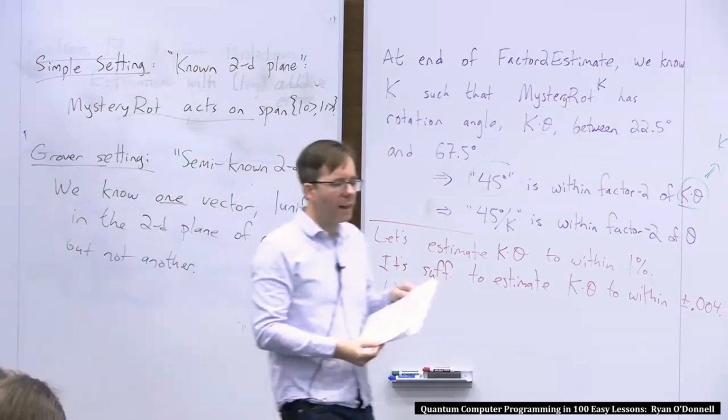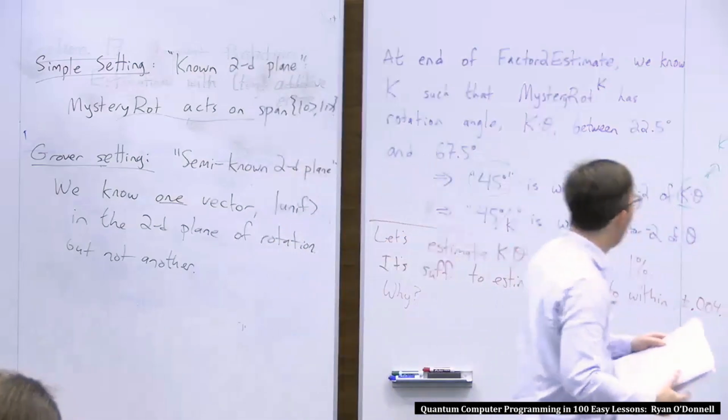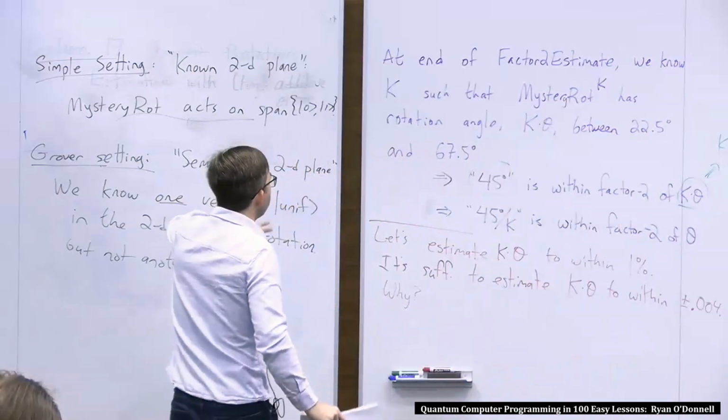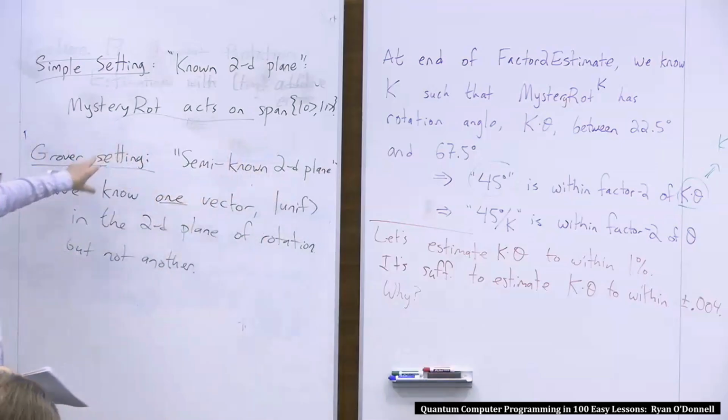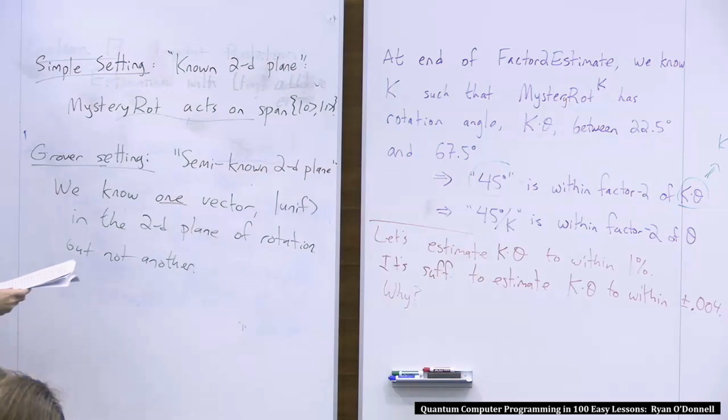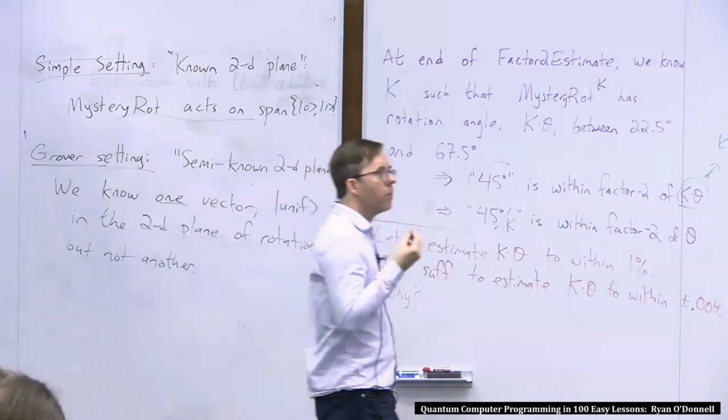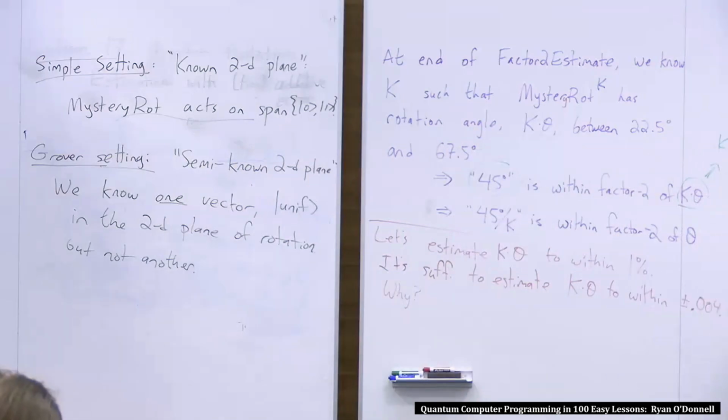And so you kind of have to think back a little bit to how our mystery rotation estimation algorithm worked. How did it work to estimate theta to within factor 2?